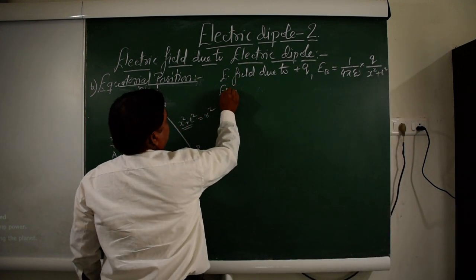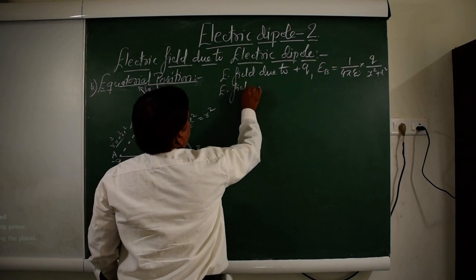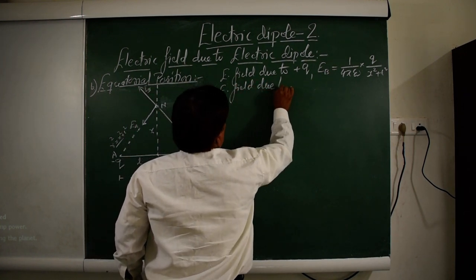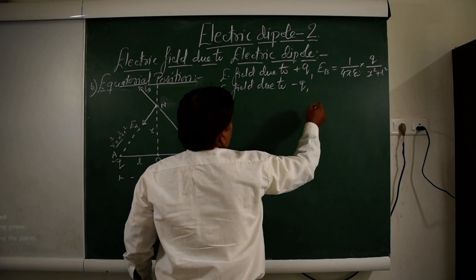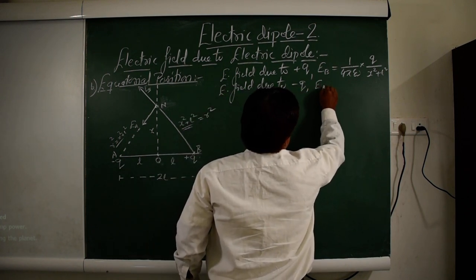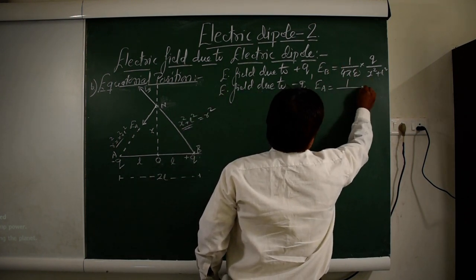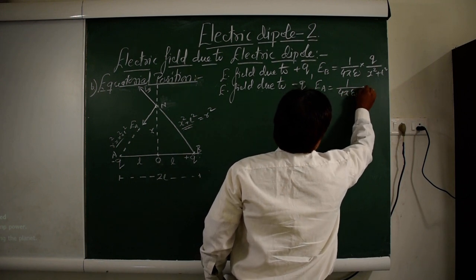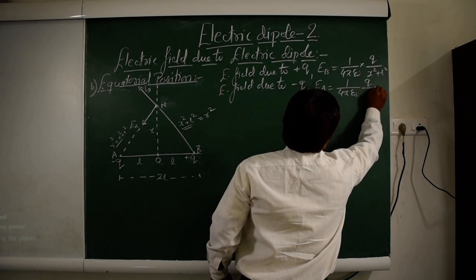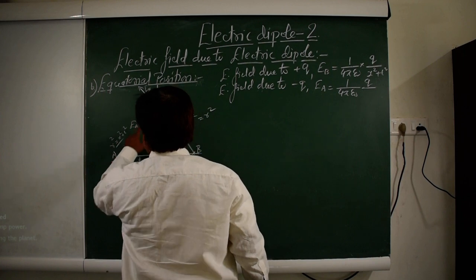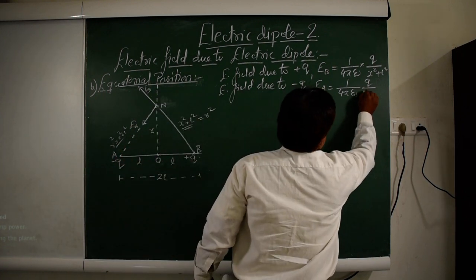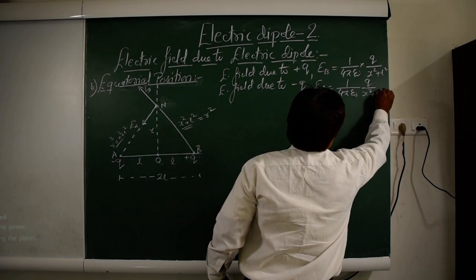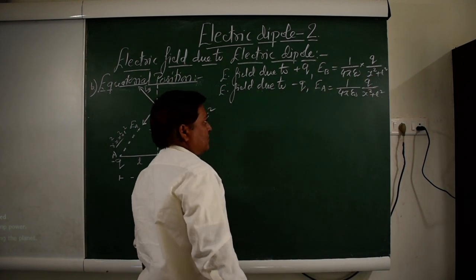Similarly, the electric field due to minus q charge, EA, will be 1 by 4 pi epsilon naught, q upon distance square. The same distance is there, so we assume that this is the distance now.